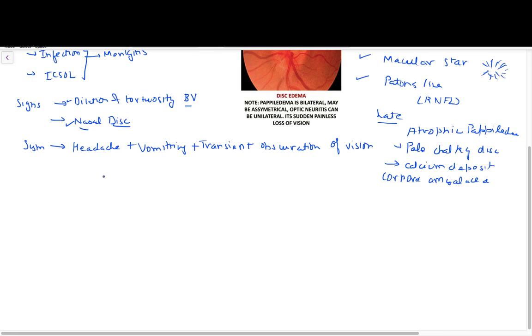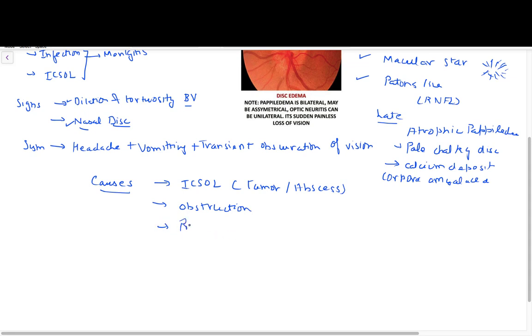Now you should also know the causes of papilledema. As I told earlier, intracranial space occupying lesions like any tumors or brain abscess can cause papilledema. Also, any obstruction in the CSF flow can cause papilledema.